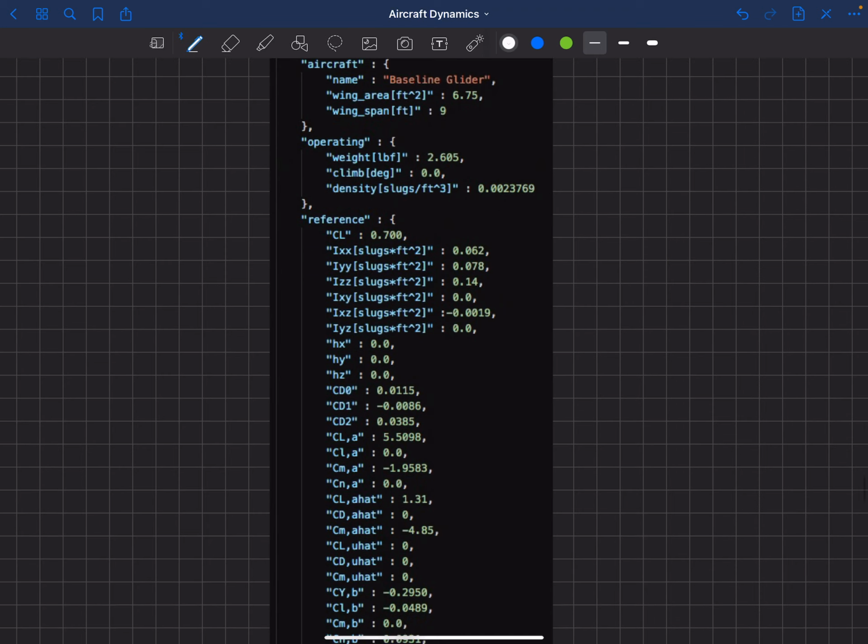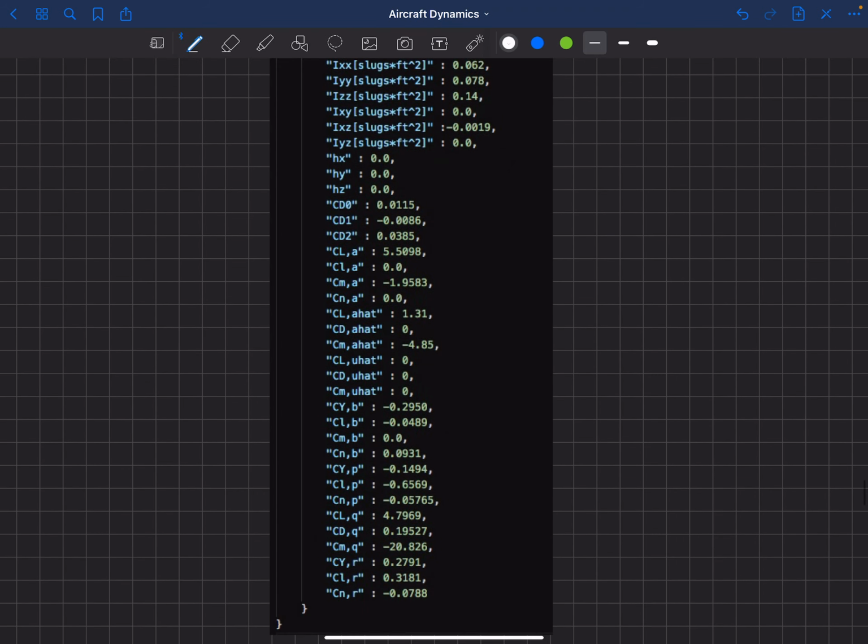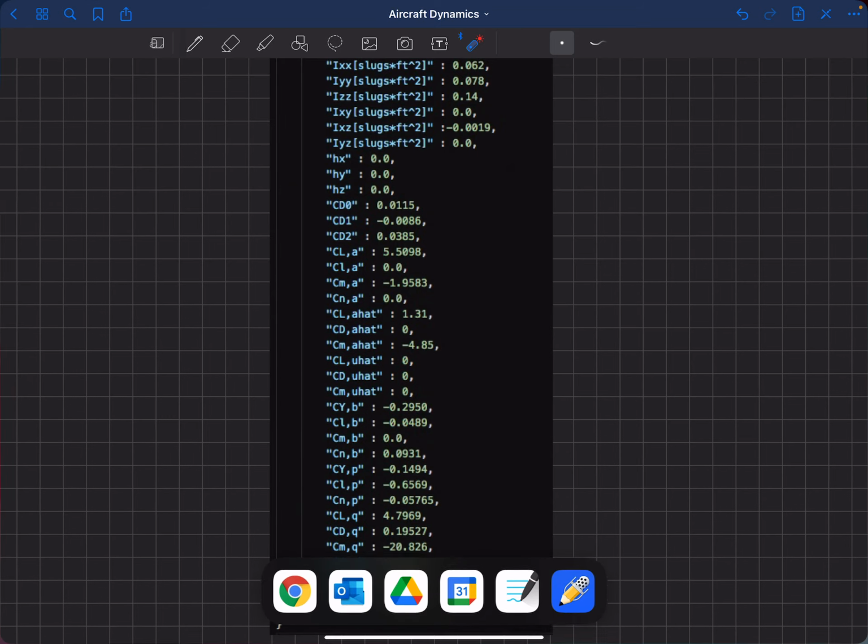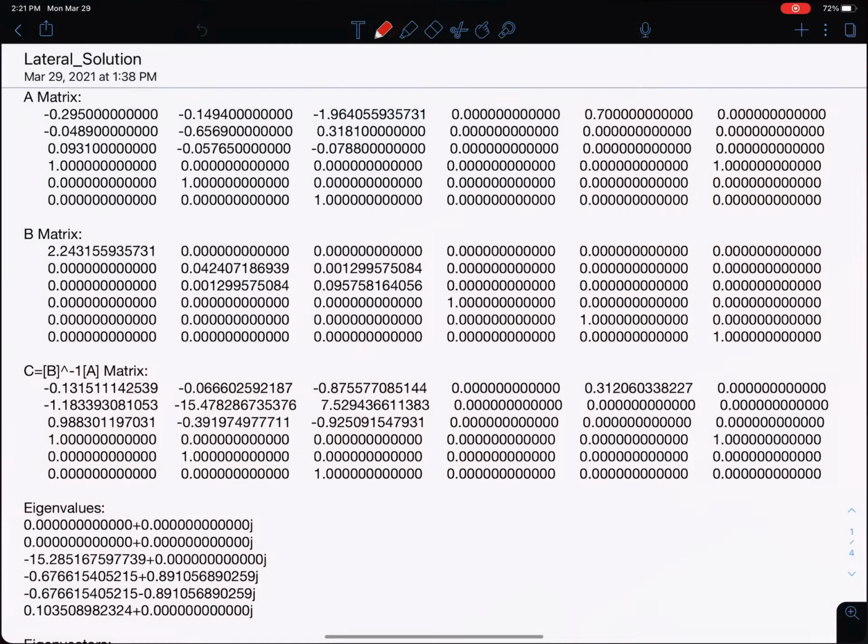And so anyway, I can scroll through this, but these are all of the aerodynamic properties and also the mass properties up here of this glider, but then these are all of our aerodynamic derivatives that we've discussed previously about this particular glider.